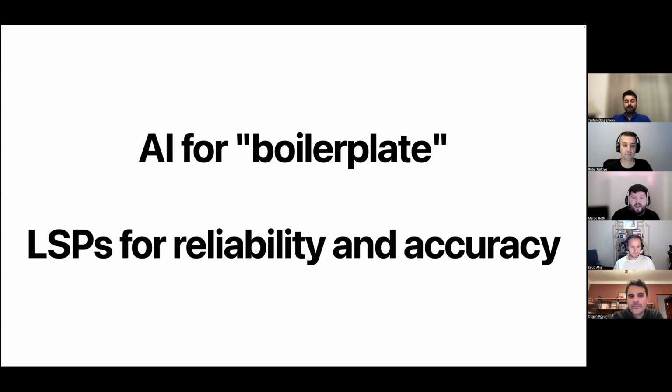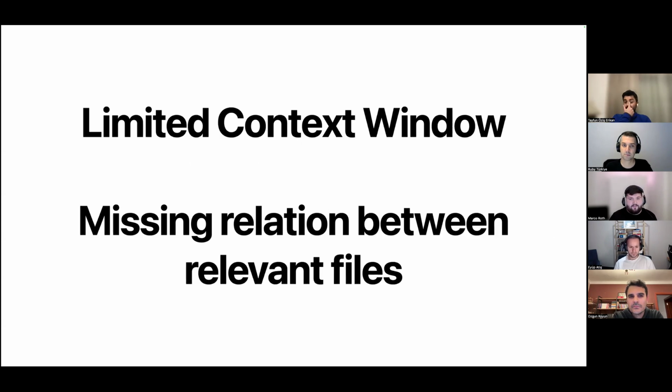But if you want to actually have accurate results and actually know that it is right, you want to have LSPs. Adding to that, the context window of LLMs today is still very limited. And what we have here is this location of the file. So our Stimulus controller sits here, our view files are over here, and it doesn't really understand the relation between those. So it's really not that great for that use case.